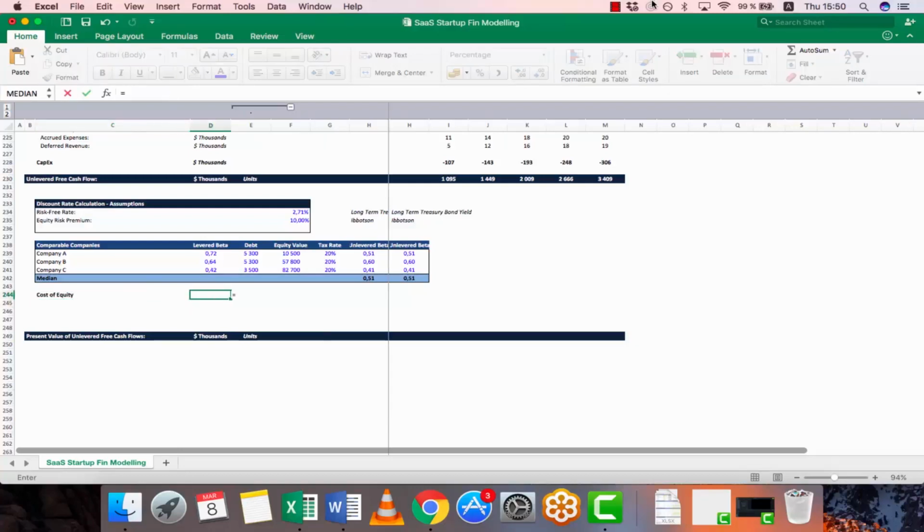Okay, so let's calculate the cost of equity. Obviously, our cost of equity is our risk-free rate plus equity risk premium multiplied by the beta of our comparable companies.